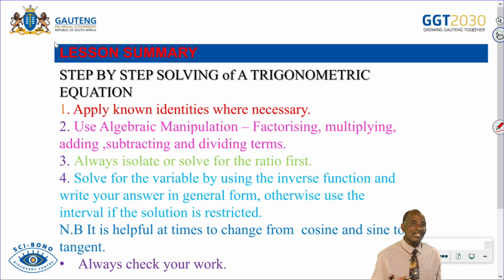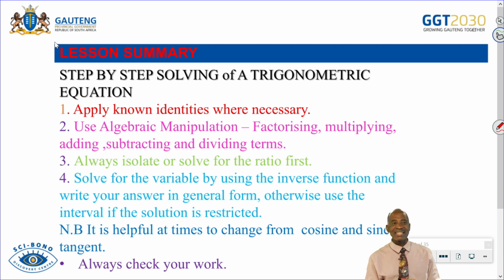Sometimes you need to divide to create a single function, especially where there is sine and cosine. You can divide both sides of the equation by cosine to create a tangent. Then 4, solve for the variable by using the inverse function and write your answer in general form.